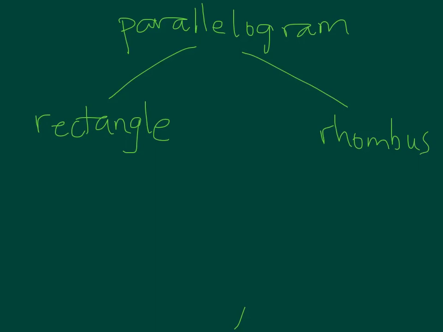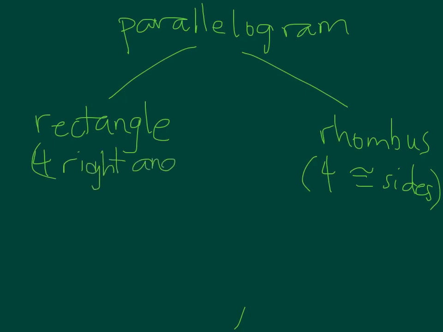And in a rhombus, we're going to see four congruent sides. And in a rectangle, we're going to see four right angles. Now, if it has both of those things, then it's going to be a square.